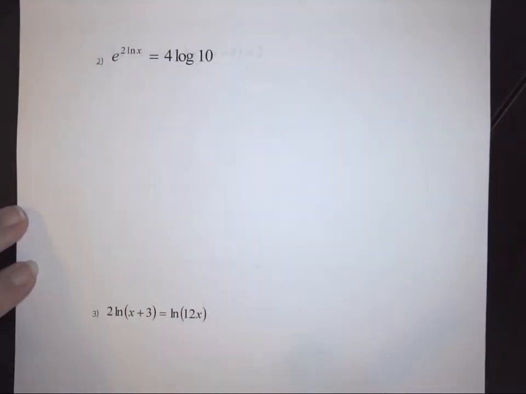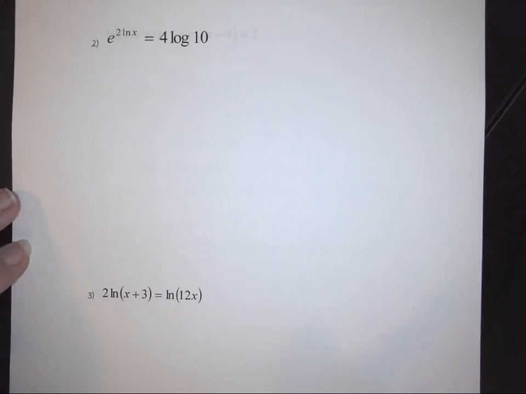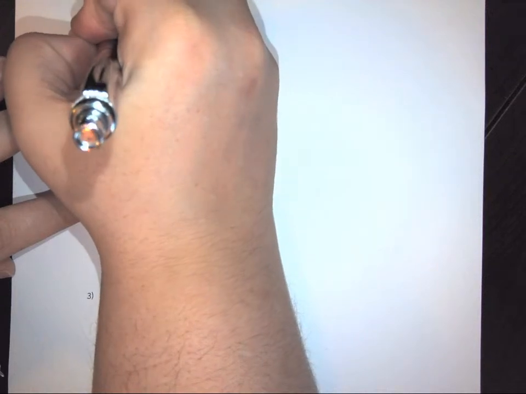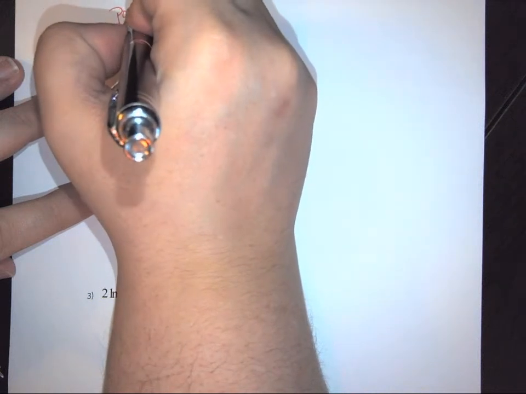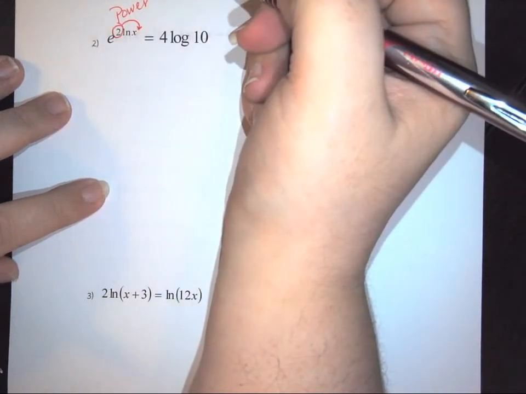So let's look at another one. Here I have e to the 2 natural log of x, and then I have 4 log of 10. So the first thing that we need to note is that this right here is going to follow the power rule, which says it is going to put it right back where it belongs.